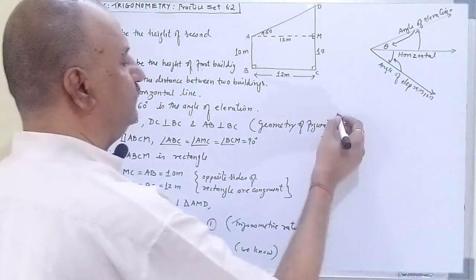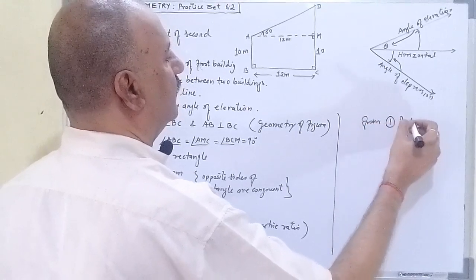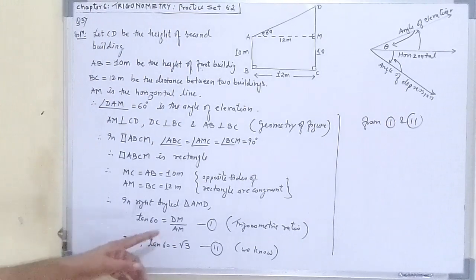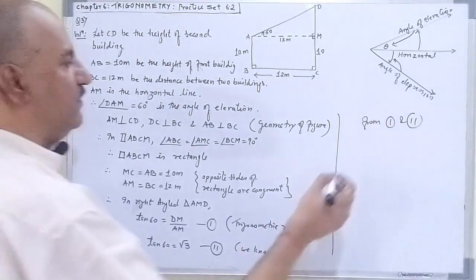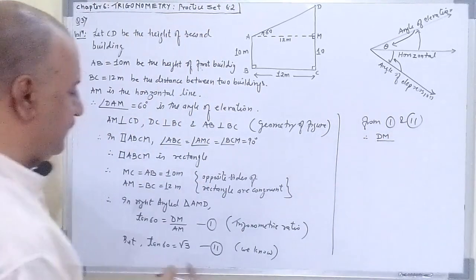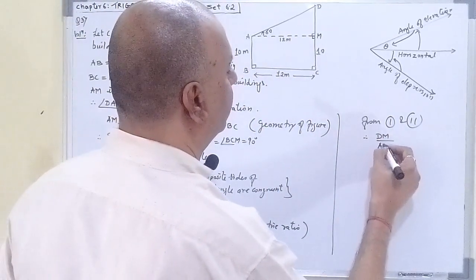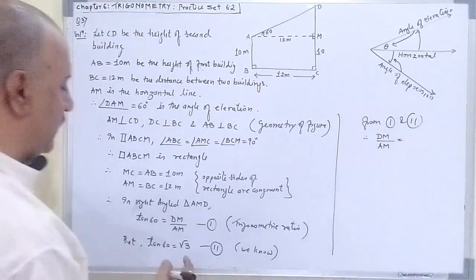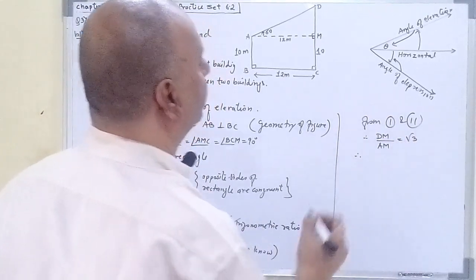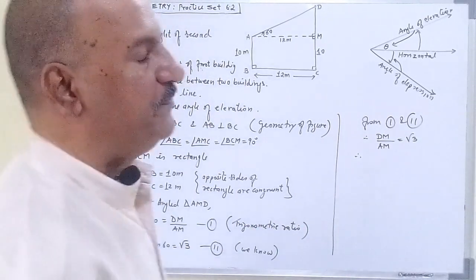From 1 and 2, what we get? Since left hand side is equal, right hand side will be equal. Therefore, DM upon AM equal to root 3. तो root 3 की वैल्यू दी नहीं है.